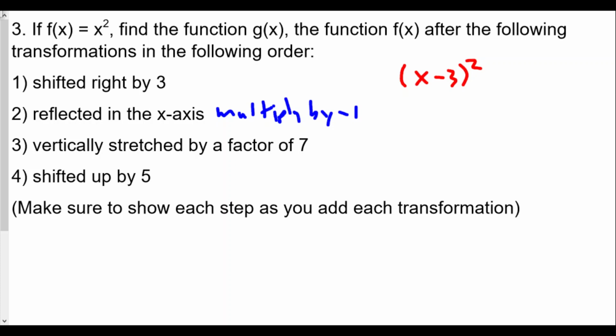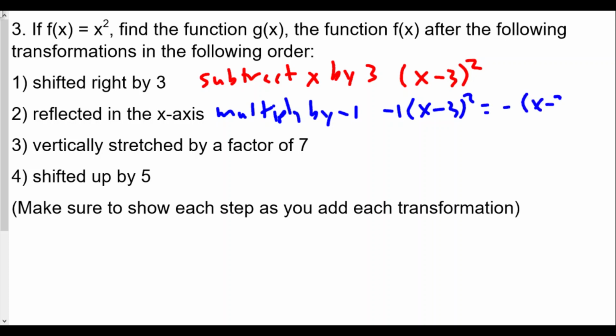So for the first one, we'll shift right by 3, subtract x by 3. And so reflecting in the x-axis, multiply by -1. So -1 times the whole thing here, because we're building this, will be negative x minus 3 squared.